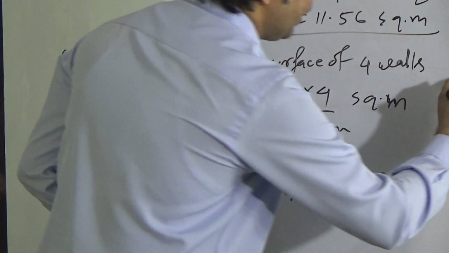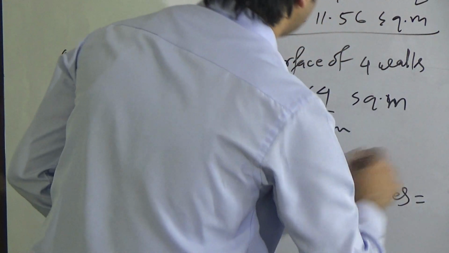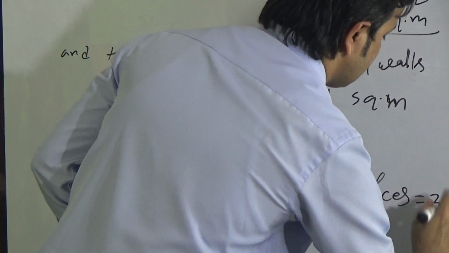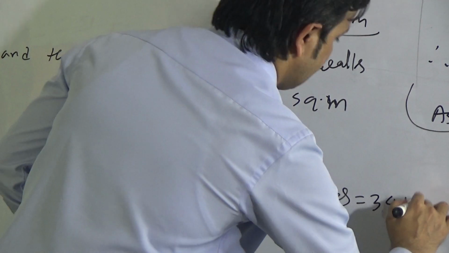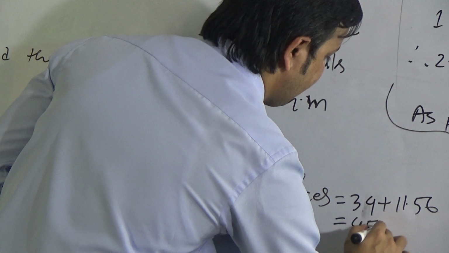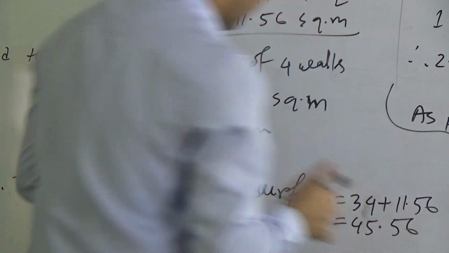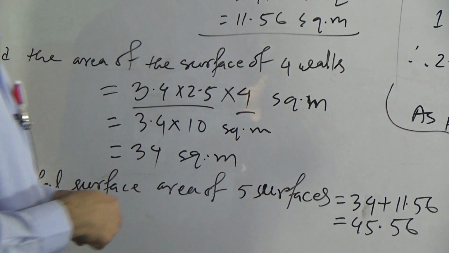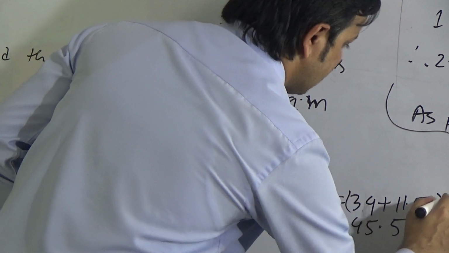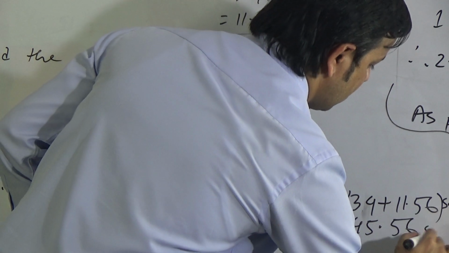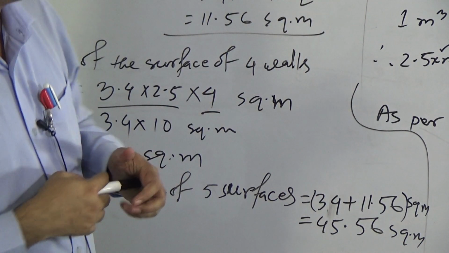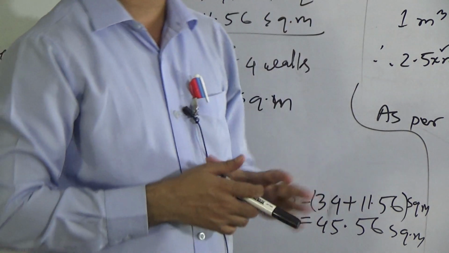That is equal to the addition of 34 and 11.56. So if we add, we will get here 45.56. So this is square meter, the unit is square meter. Now this is the total surface area of the 5 surfaces except the surface of the above.